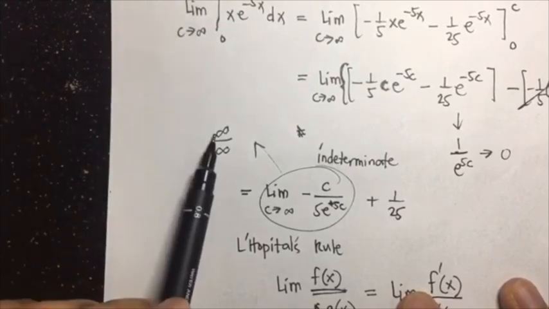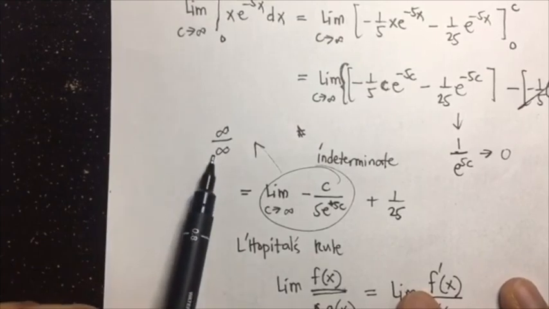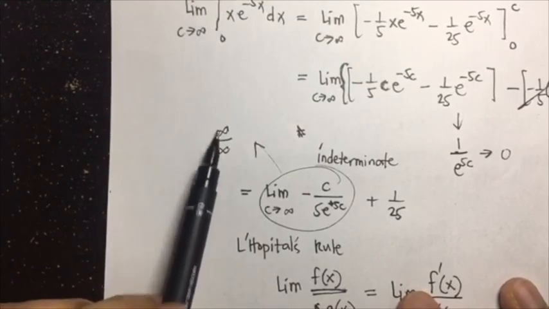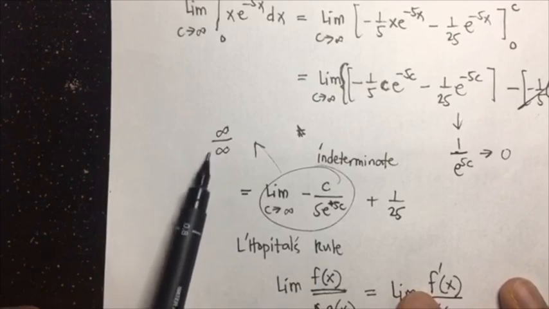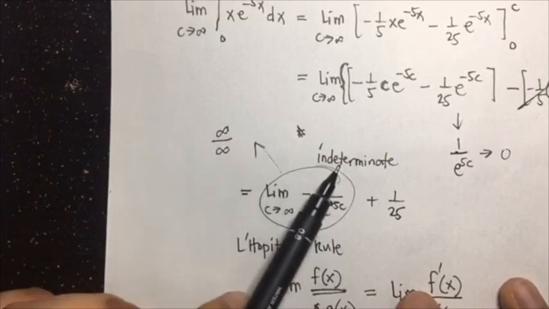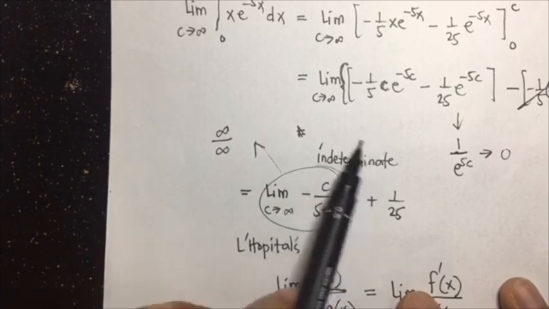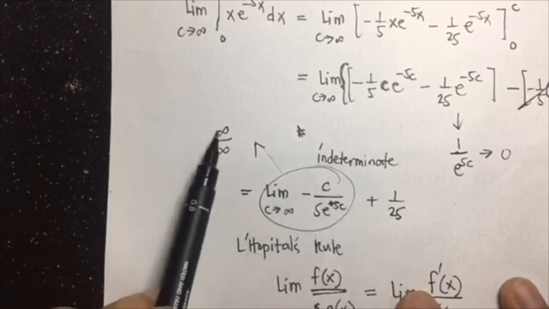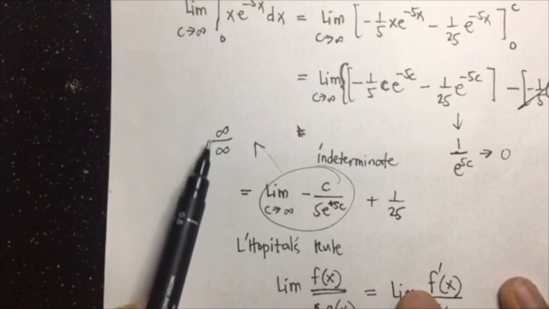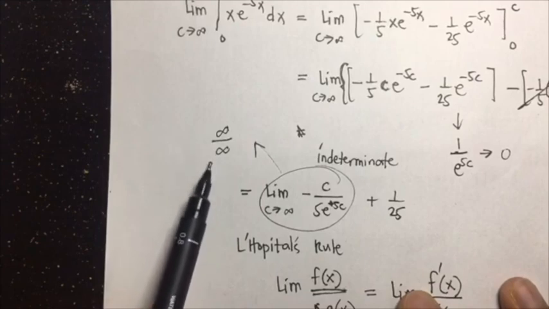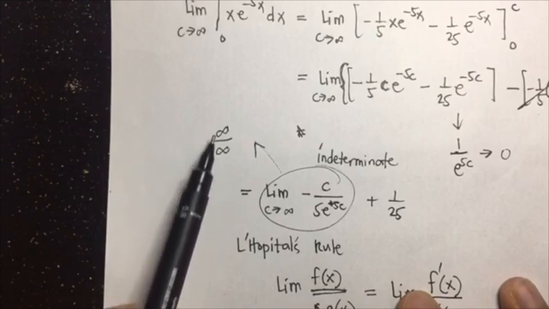Some infinities are larger than other infinities. It doesn't mean that because they are both infinity, they are equal. So we don't know which one of them is larger. If we divide them, is their value greater than 1 or less than 1?